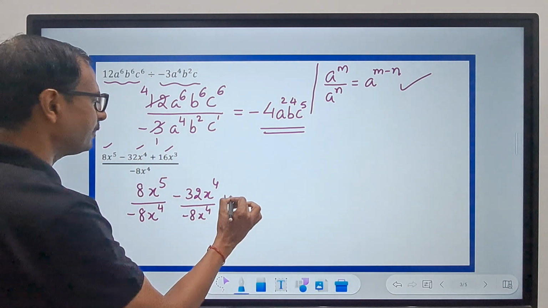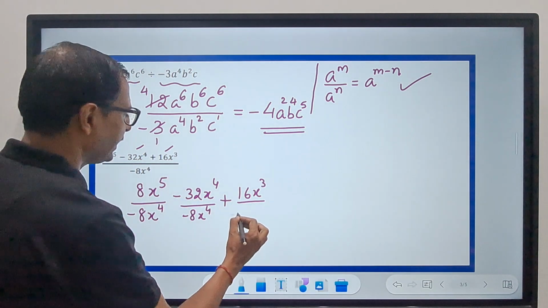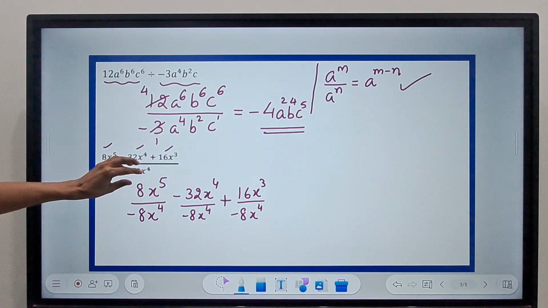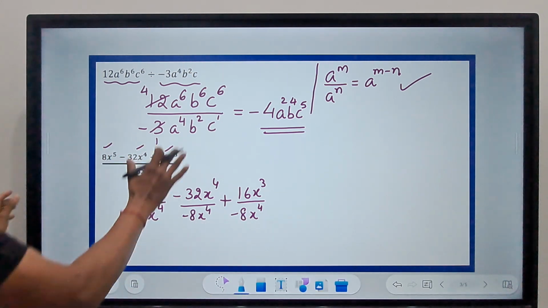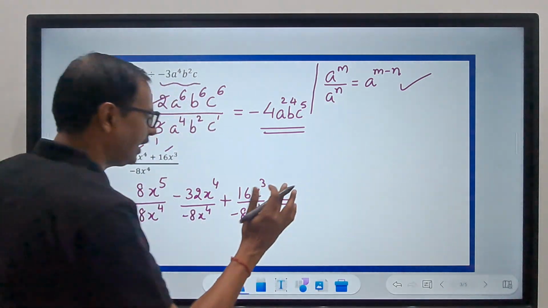Then I will take the third term plus 16x cube and divide it by the same thing, minus 8x power 4. Right? So I separated out the term in the denominator with all the terms in the numerator. And now I will do what I did here 3 times and I will try to get my answer.